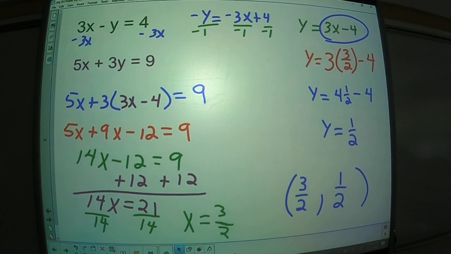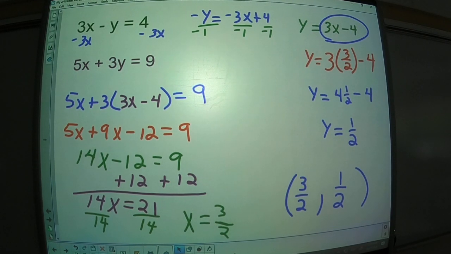Now you may say, wow, that's not a very nice answer. It's really not that bad of an answer. But it certainly is an answer that you have to take a look at and go, oh, did I make a mistake? And just double check your work, because most of the time our answers are going to be nice and neat, but once in a while we get ones like this where it's not so nice and neat.